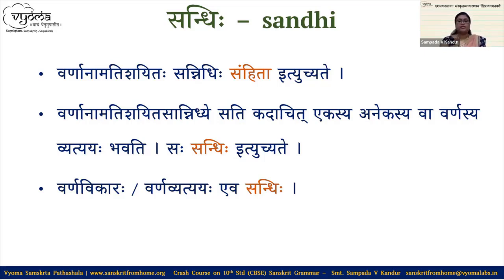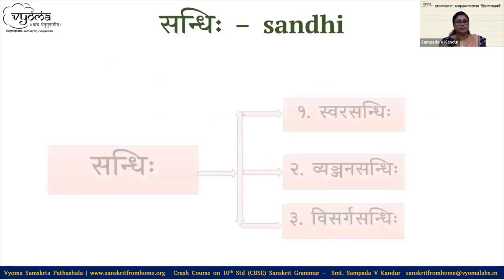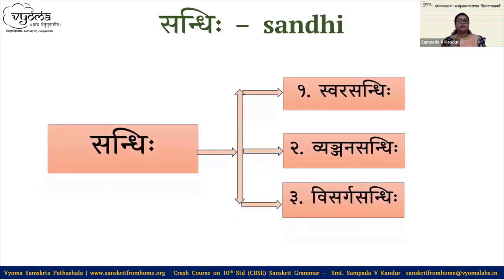Now let's understand the three types of sandhi. Three important types: swara sandhi, vyanjana sandhi, visarga sandhi. Whenever the name is given after some type, that name plays the role of the change maker. So who is the change maker in Swara sandhi?